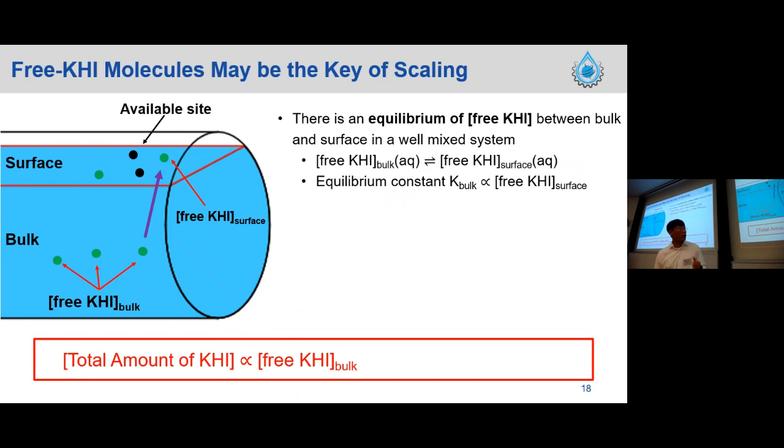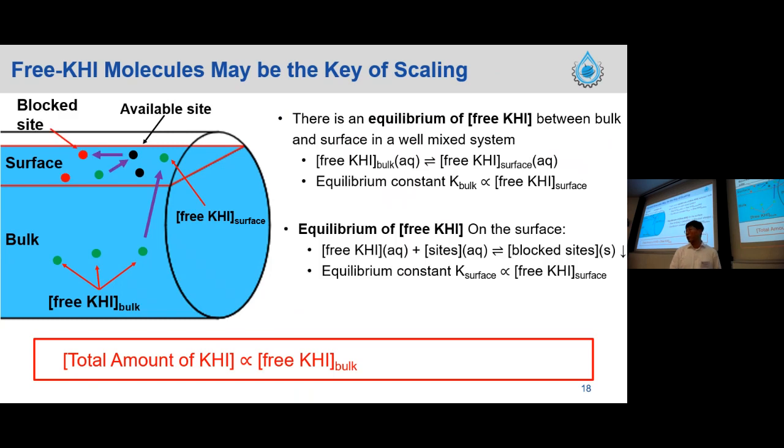Right, and what's interesting here is that we have available nucleation sites on the surface. When you have free KHI molecules floating on the surface, there is a chance that those free KHI molecules attach to an available nucleation site and block it. So here the second equilibrium comes in: free KHI with the nucleation site, and the available nucleation site.